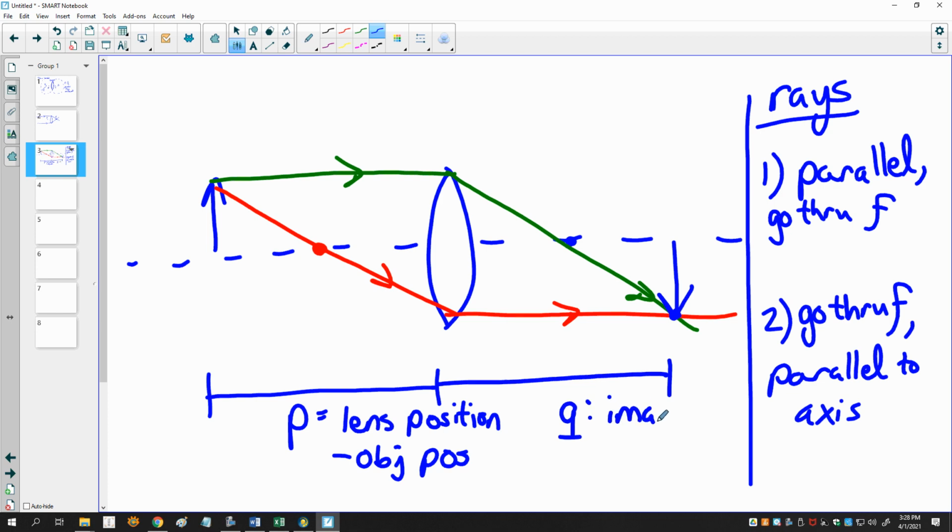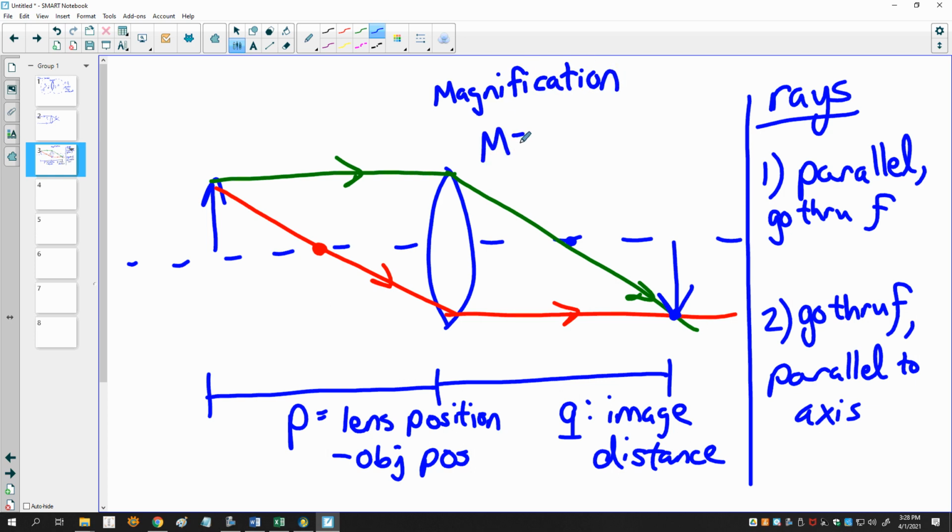It's the image distance. And in your lab manual, it talks about how this is the difference between the image position and the lens position. We can define the magnification in a couple of different ways. I'll put it here, magnification. The magnification is equal to the height of the image divided by the height of the object.